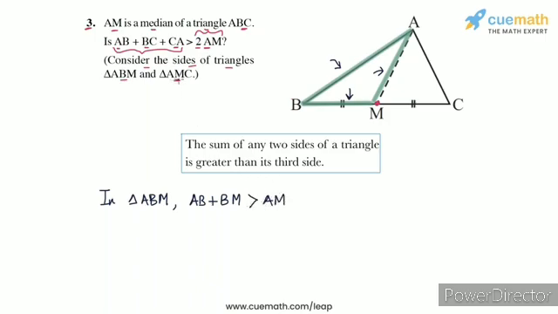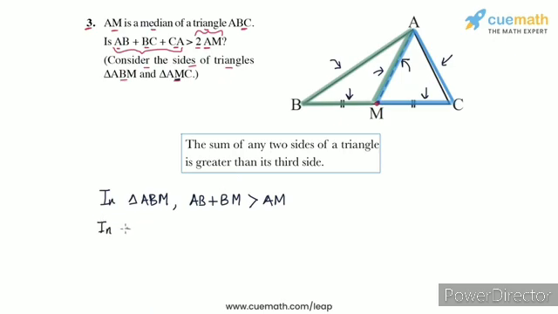Now let's consider the other triangle, triangle AMC, and again I'm going to highlight this triangle for you. So triangle AMC is this triangle, and again if we apply this property to triangle AMC, we must have in this triangle AC plus CM must be greater than AM.